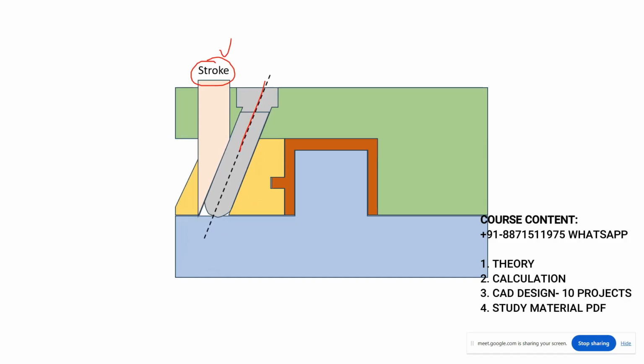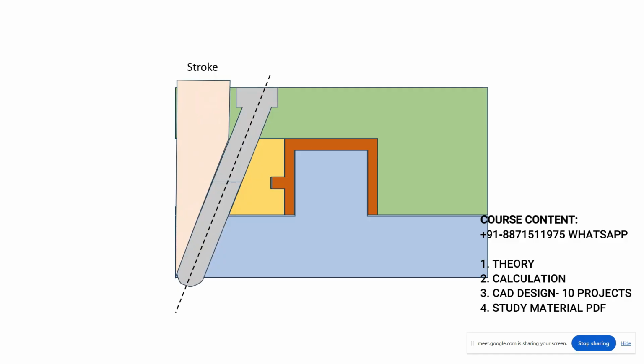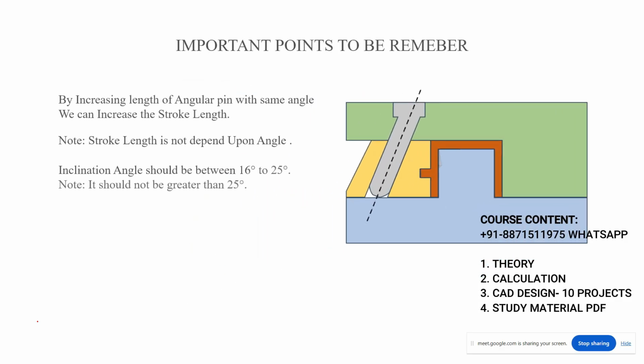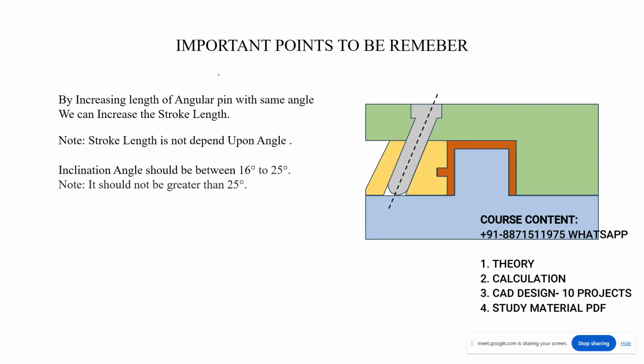So by increasing this length, we can get more stroke. Understood? So that's why I told you this is the important point: by increasing the length of the angular pin with the same angle, we can increase the stroke length.